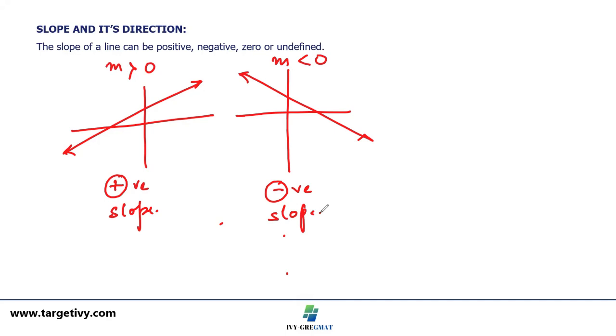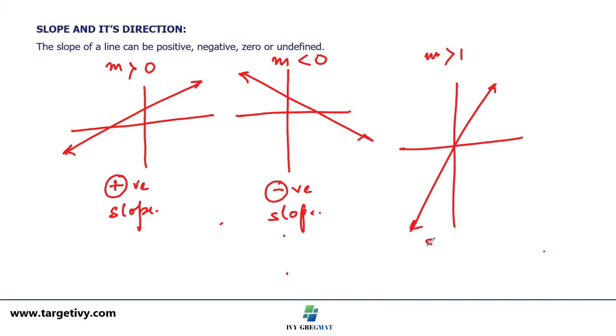The third option can be, say, m is more than 1. Then it's a steeper slope like this. Let's say it's a steep slope.